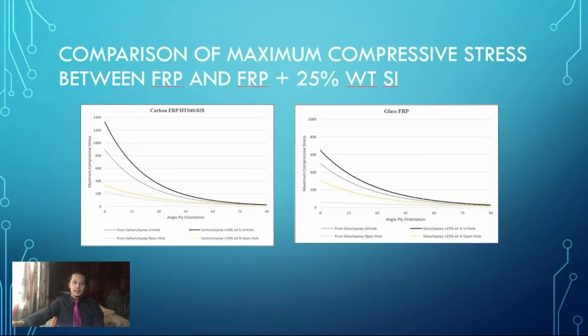This is the comparison of maximum stress between fiber reinforced polymer and fiber reinforced polymer plus 25% of silica, compared with hole specimen. The maximum compressive stress are presented, and table presents the result of maximum compressive strength of carbon epoxy, glass epoxy, kenaf epoxy, and composite, and with 25% addition.